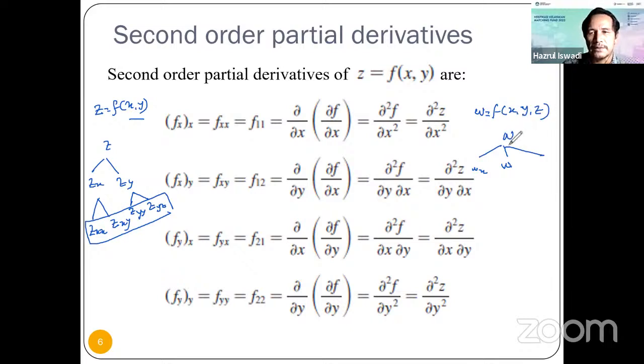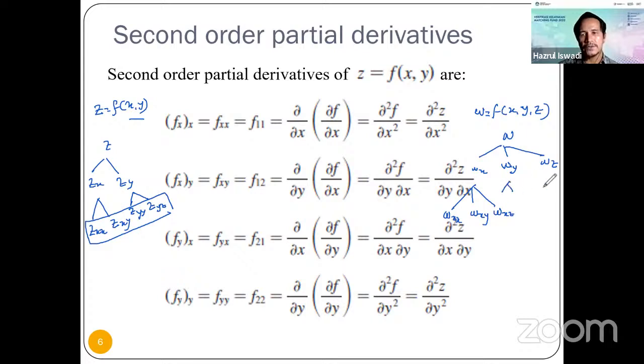It means that w will have three first order partial derivatives, wx, wy, and wz. From here, we will also have three combinations, wxx, wxy, wxz, and so on.